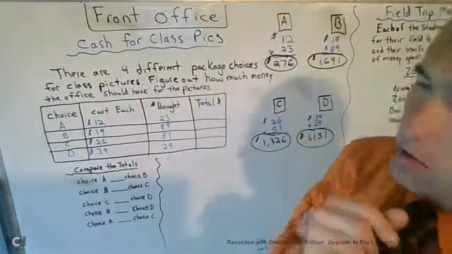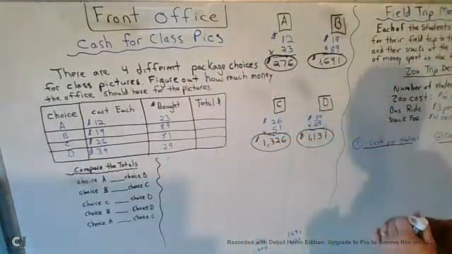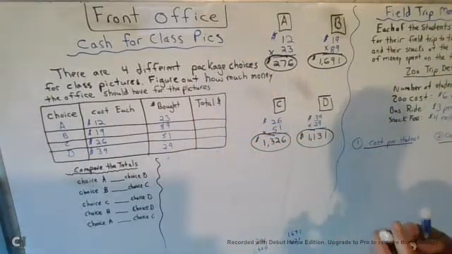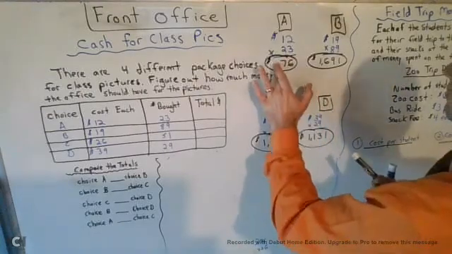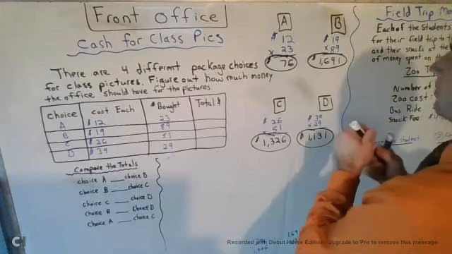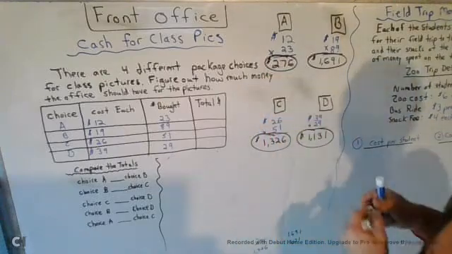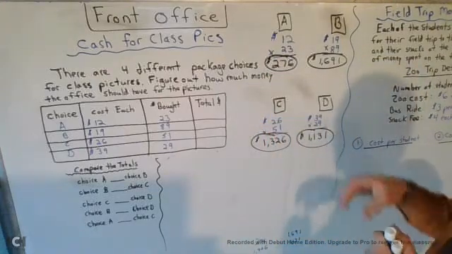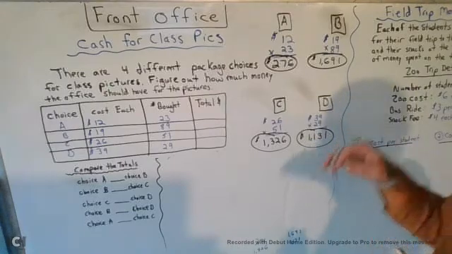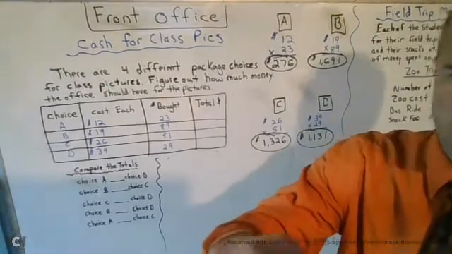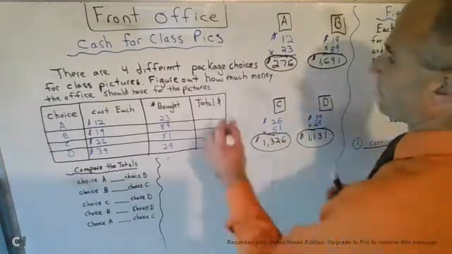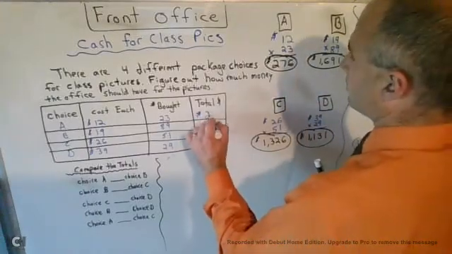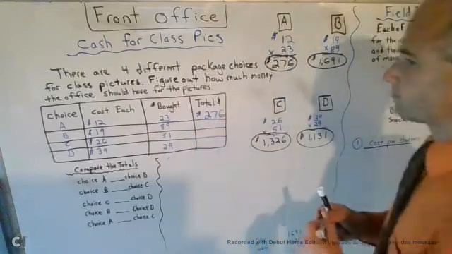Okay, so here are the solutions to each of them. For option A, there should have been spent altogether $276.